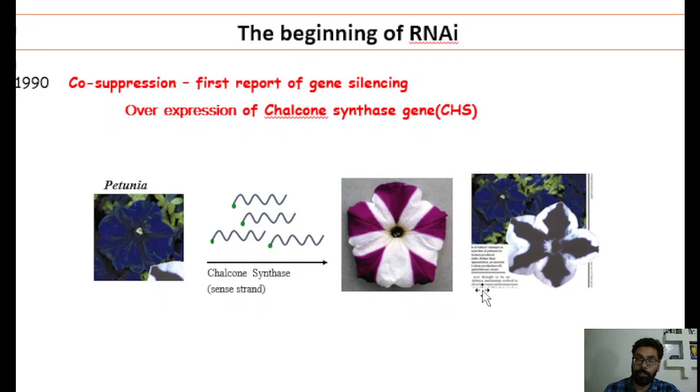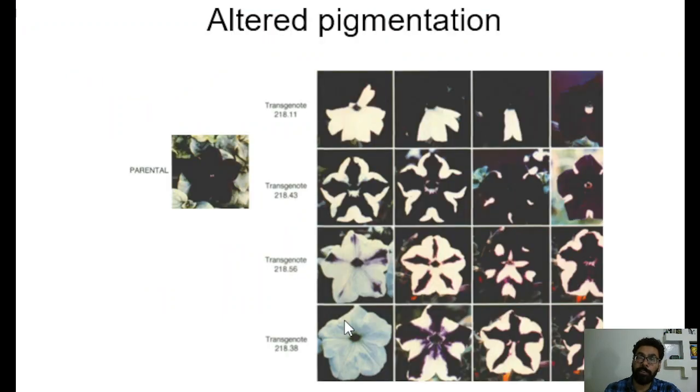So as you can see in this picture, there were so many different types of combination of color in petunia plants. So why was this happening?